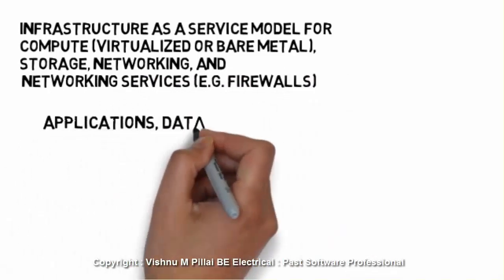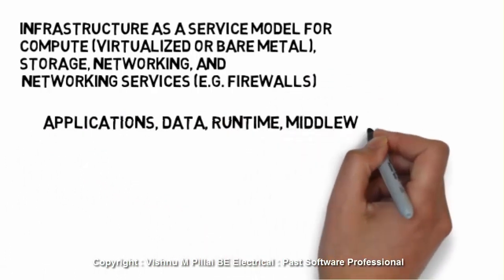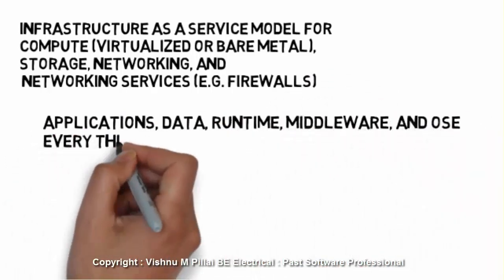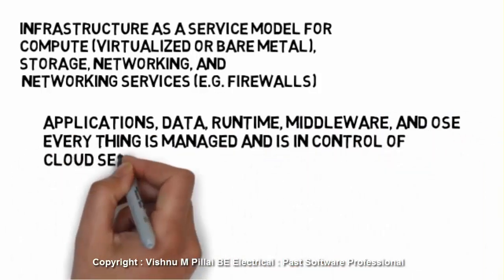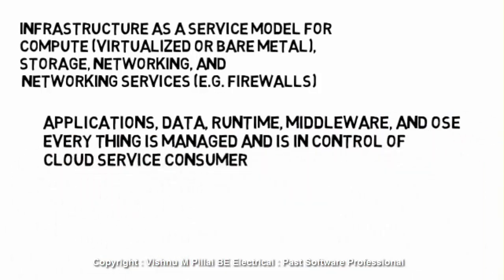Also, you can control the networking services like firewall. The applications, data, runtime, middleware, OS, everything is managed and controlled by the consumer. So in this case, you will have more control over what you deploy and how you deploy.